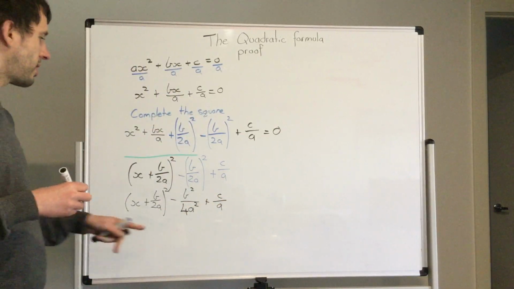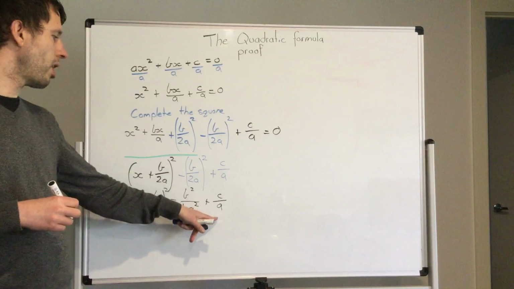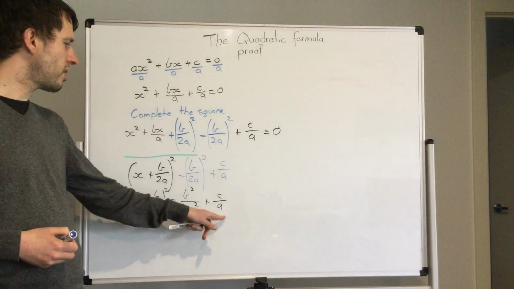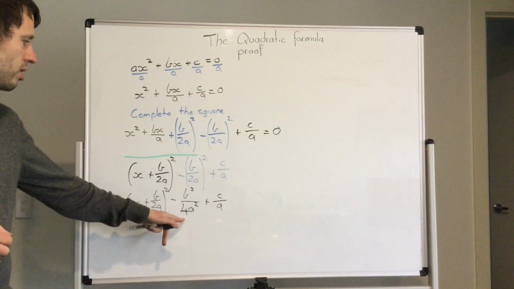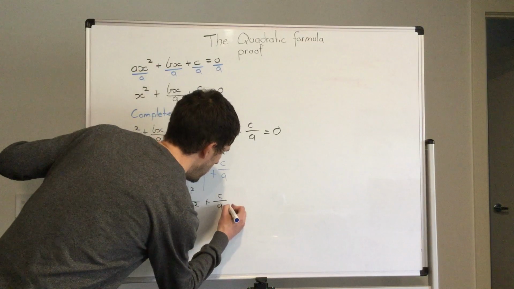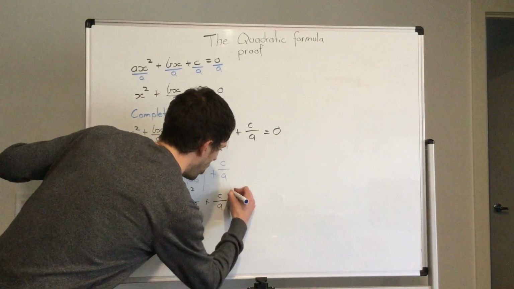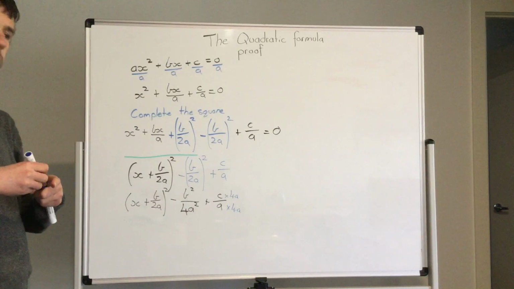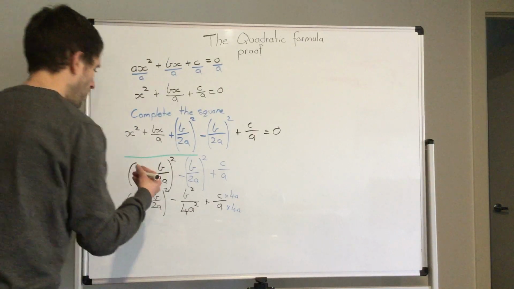Now we need to simplify this, and at the moment our denominators are not the same. So what do I need to times the bottom by to get it to be the same? I need to times it by 4a. So I times them both, the top and the bottom, by 4a. And we'll rewrite it.